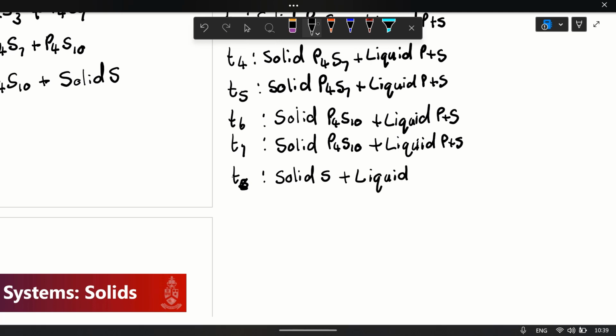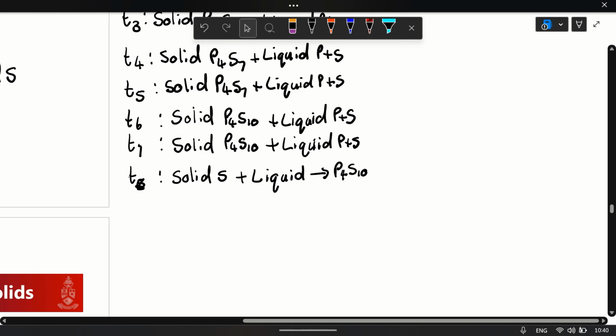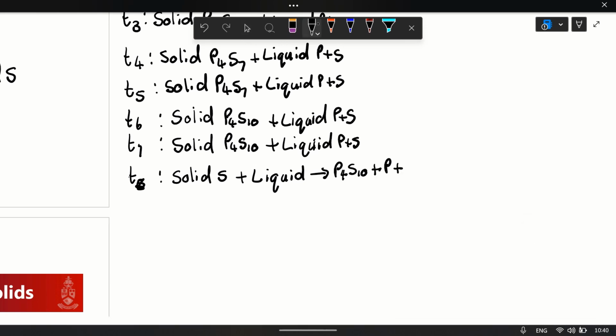And that liquid, you don't necessarily have to specify, but we could expect it to be liquid P4S10 because it's the last binary compound that was formed. So it could be that plus liquid phosphorus plus liquid sulfur because it's around about at its melting point. It's way beyond the melting point of phosphorus, so whatever phosphorus is there will definitely be melted.